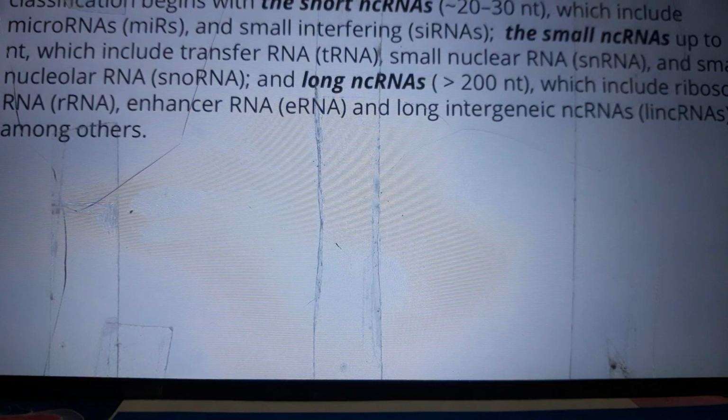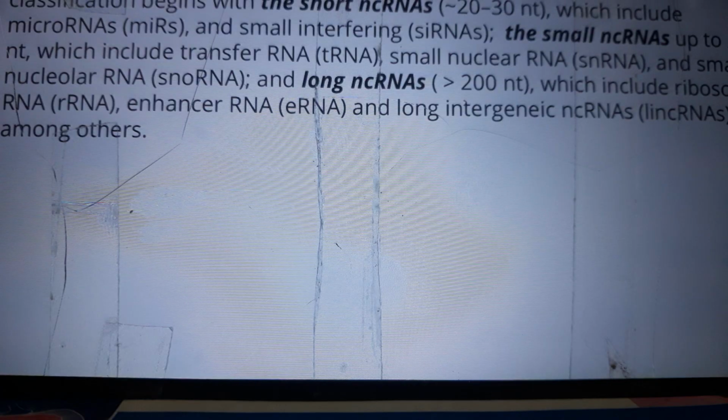The small ncRNAs, up to 200 nt, include transfer RNA, tRNA, small nucleolar RNA, snoRNA, and small nuclear RNA, snRNA. And long ncRNAs, greater than 200 nt, include ribosomal RNA, rRNA, enhancer RNA, eRNA, and long intergenic ncRNAs, lincRNAs, among others.